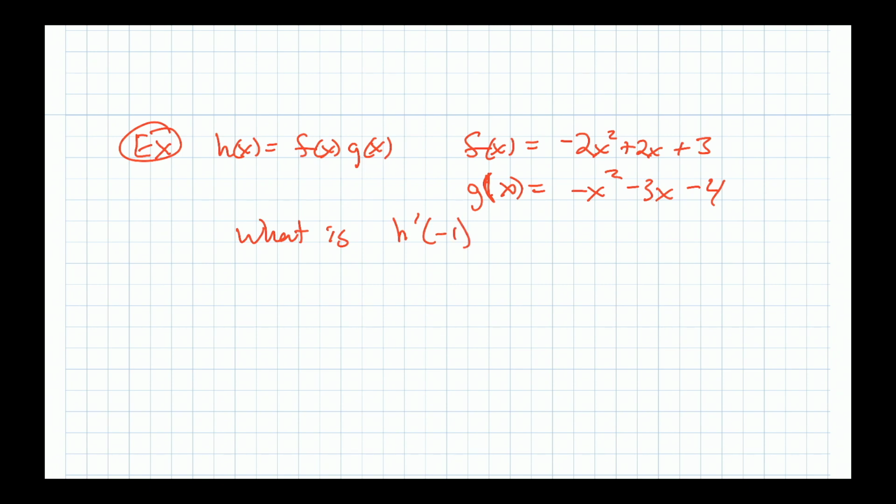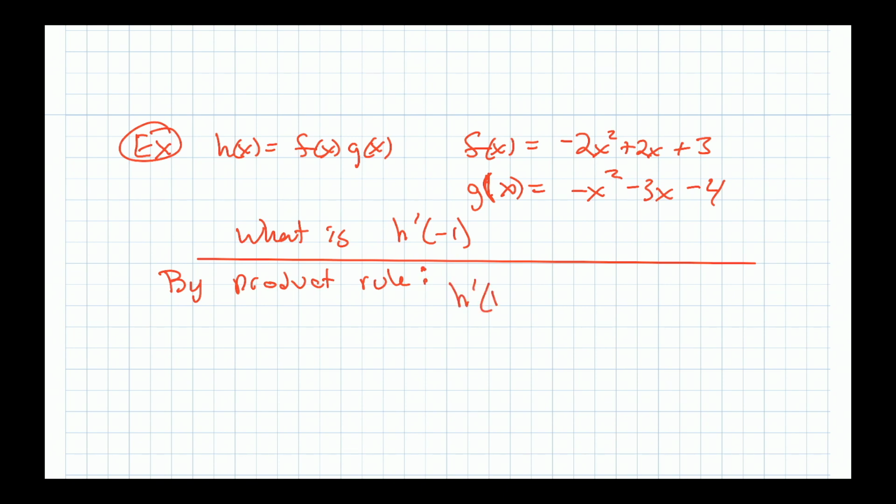Okay? And so the idea here is, by the product rule, I know what h prime of 1 is. h prime of 1, because h is just fg, so the product rule would say that is f prime of 1, g of 1, plus f of 1, g prime of 1.